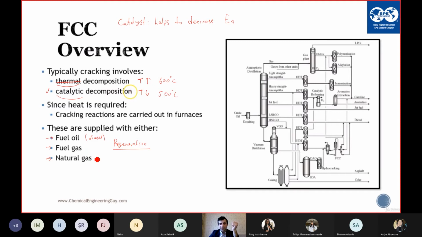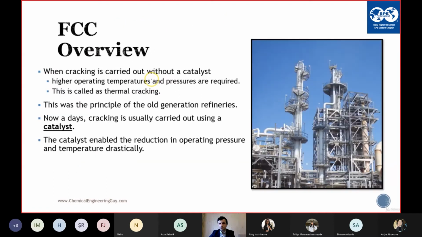Fuel gas is produced in the refinery. So it is C1, C2, both of them C1 and C2. But if you don't have enough fuel gas, you purchase natural gas from outside. So that's the main difference between fuel gas and natural gas.